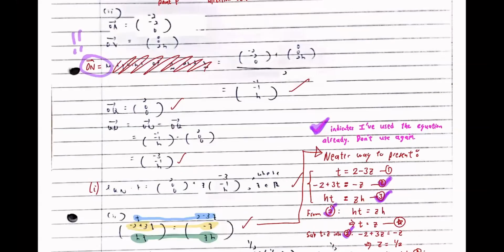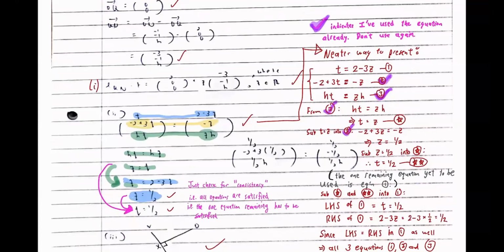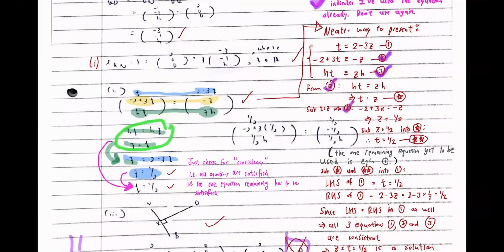Anything else I should talk about? Okay, this one is just a neater way of presenting the three equations. Just try to write it as I already went through just now, the system of equations. Your working is quite messy. You started off with equation 3, and then after that you do a substitution without mentioning you are doing substitution. You didn't say sub what into what. You just do it, so it's quite confusing. I have to think a bit.